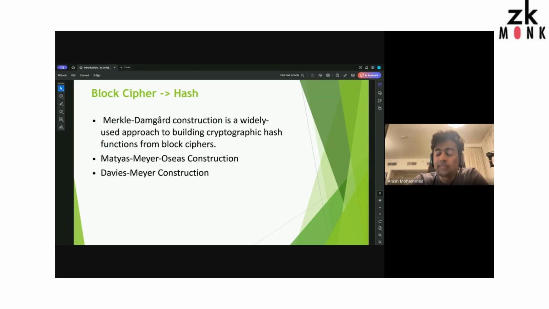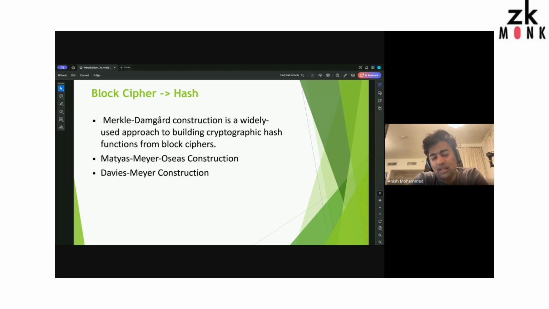Before this, I was talking a lot about block ciphers, and now you might be wondering, can you turn a block cipher into a hash function? It is possible. I'm proposing, and I put in 3 different mechanisms to do this.